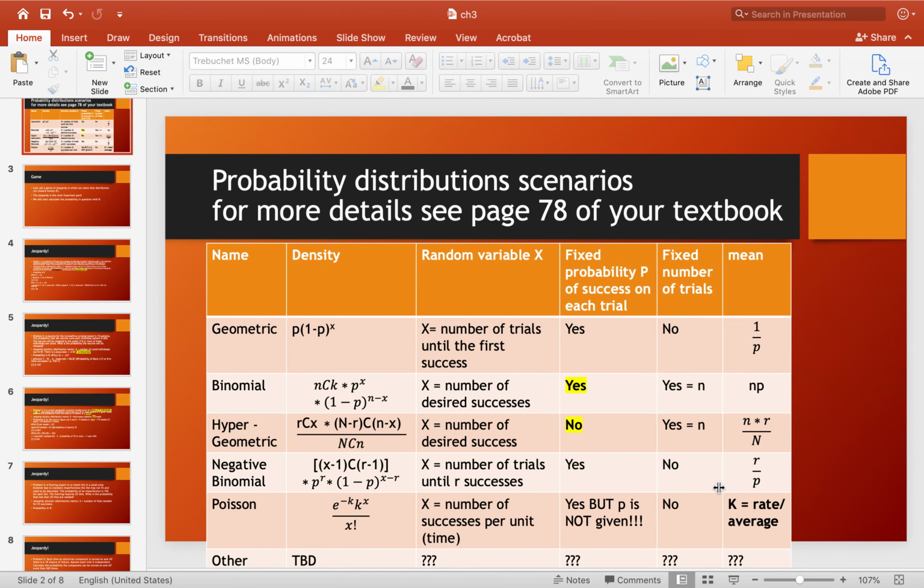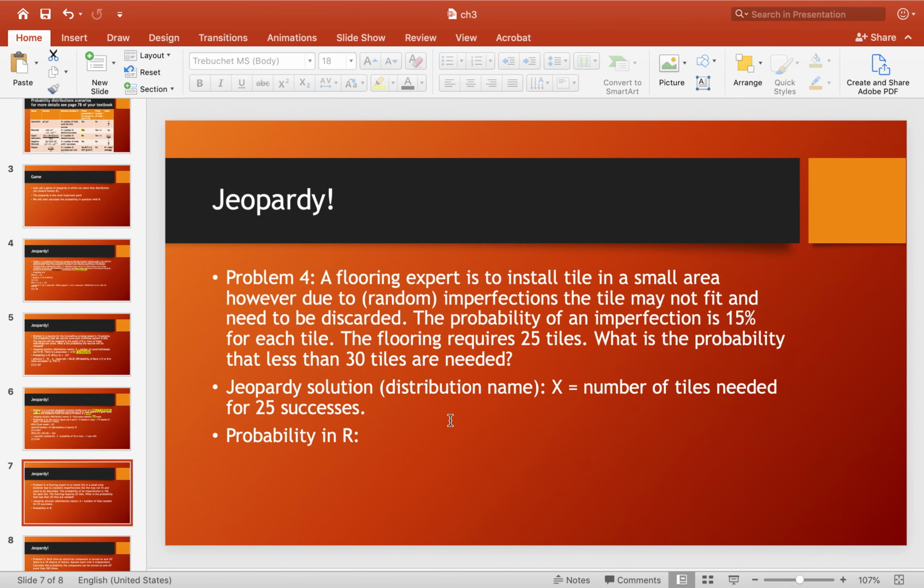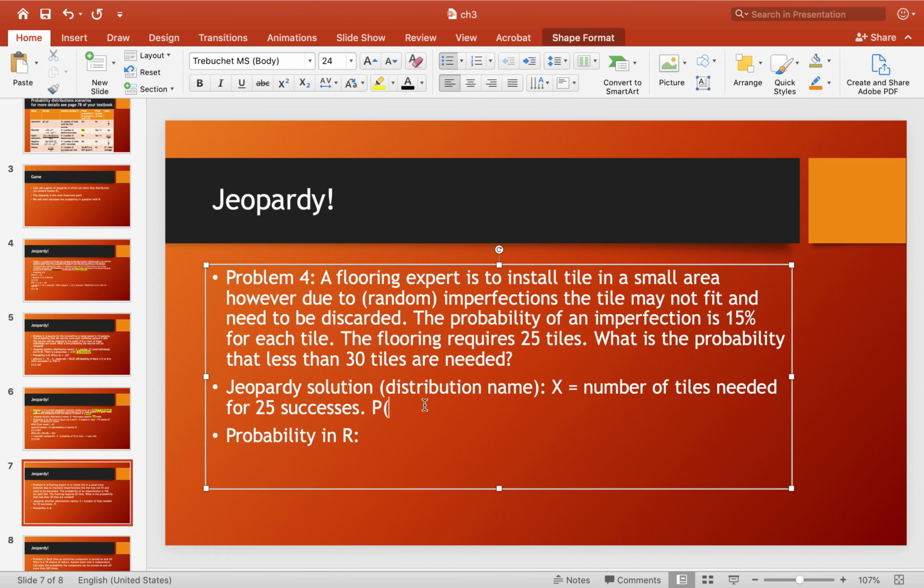If I don't have a fixed number of trials, one of them is the geometric, one of them is the negative binomial, and one of them is the Poisson. But notice I have a probability p of success. The probability of an imperfection is 15%, so it's going to be 1 minus 0.15, it's 85%. Okay, that's your probability of success.